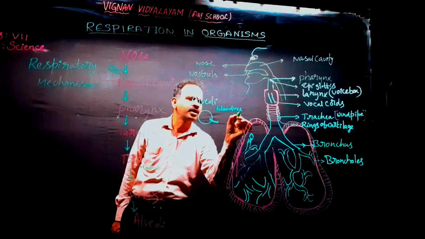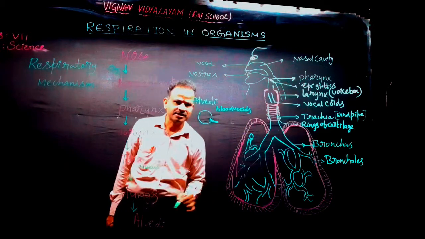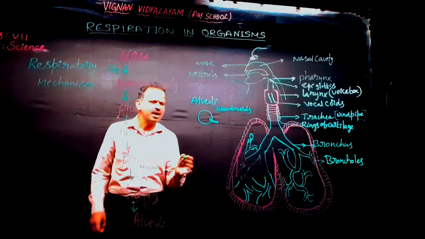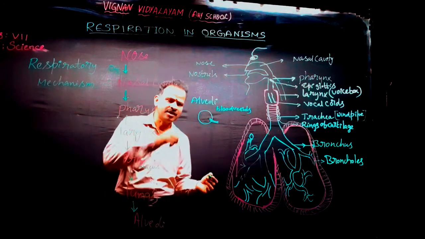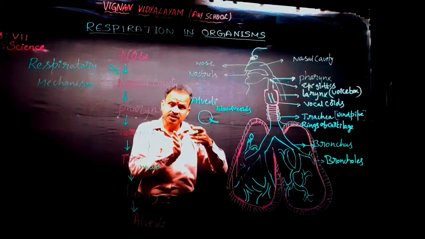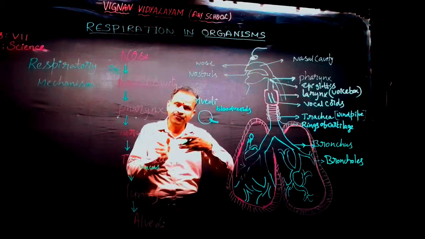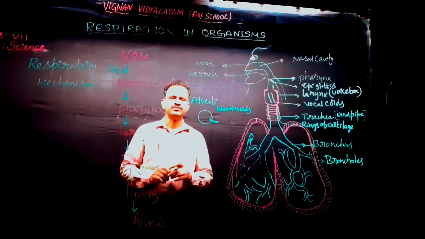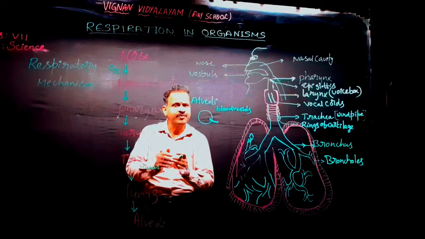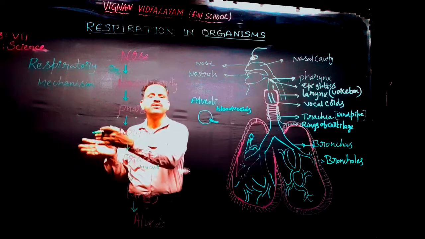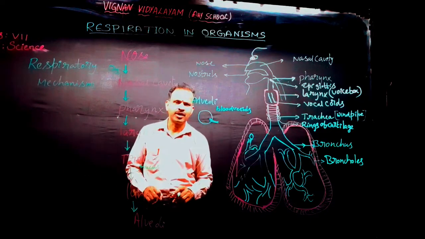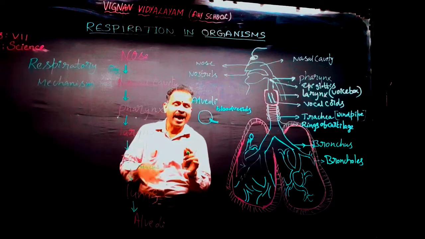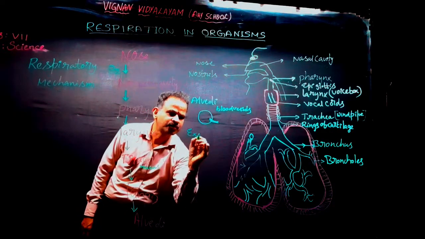Here the blood absorbs the oxygen from the air. That means oxygen from the air diffuses into the blood, and at the same time carbon dioxide from the blood diffuses out into the alveoli. That means there is an exchange of gases.